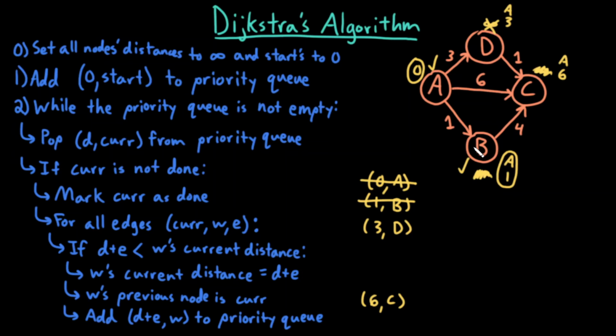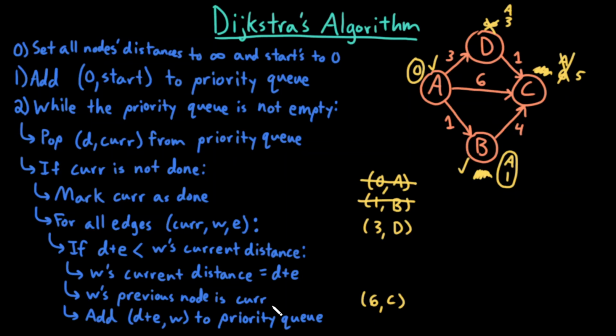So if D, so D is 1, plus the edge weight 4, so 1 plus 4. If 1 plus 4 is less than the current distance, so 1 plus 4 is 5. C's current distance is 6. 1 plus 4 is 5, which is indeed less than 6, so this is true. I enter. W's current distance, so C's current distance, is D plus E. So the current distance is 1 plus 4, which is 5.